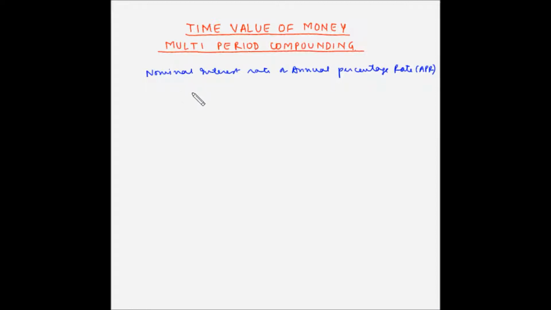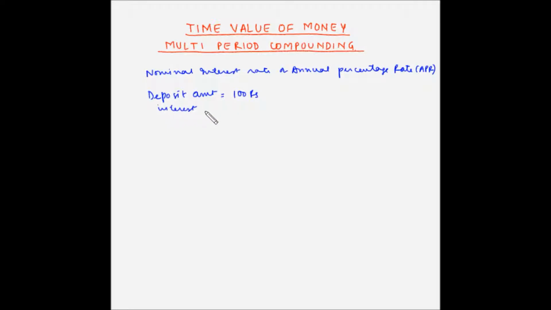Suppose you invest 100 rupees in a bank with interest rate being 10% a year, and that the bank will compound semi-annually. So, deposit amount is 100 rupees.